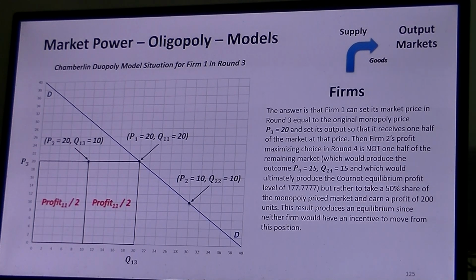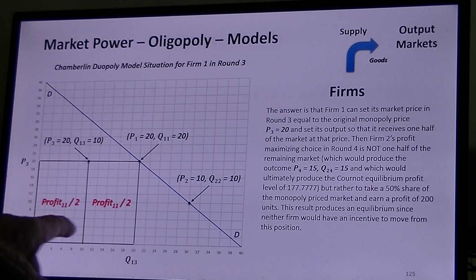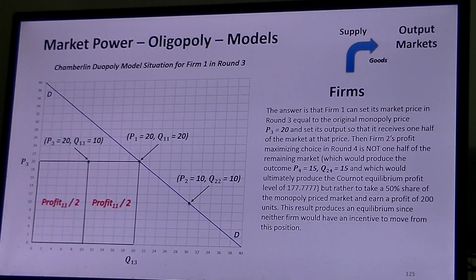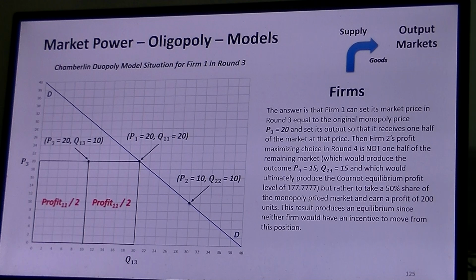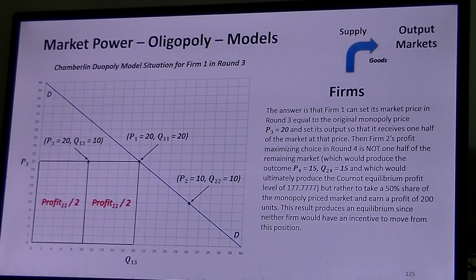So there is competition, but it can produce a monopoly price outcome and a monopoly output outcome. That's the very interesting result here, and it produces an equilibrium since neither firm has an incentive to move from their position. Each firm is making a profit of 200, so neither firm has an incentive to move.